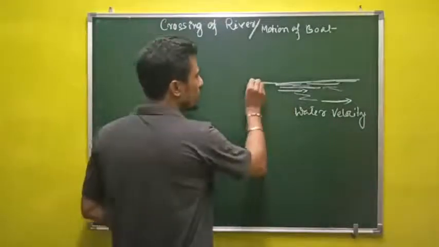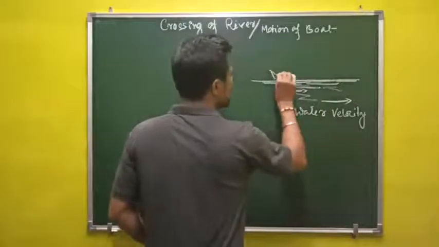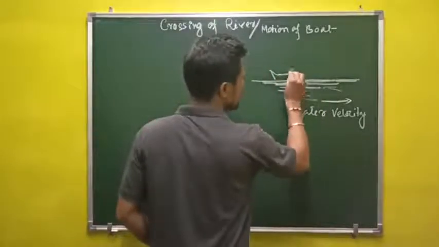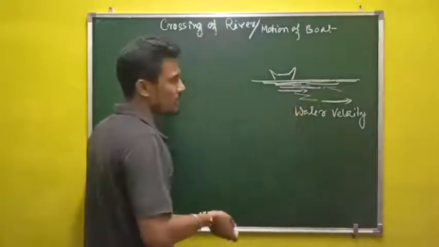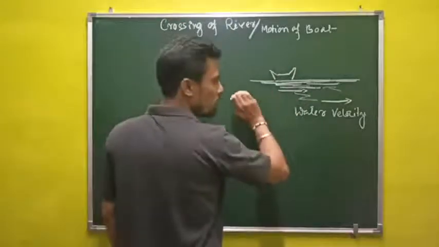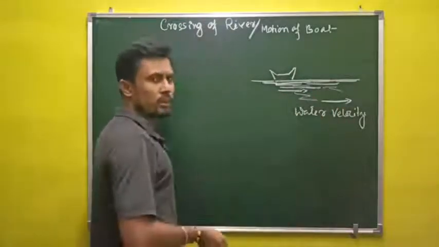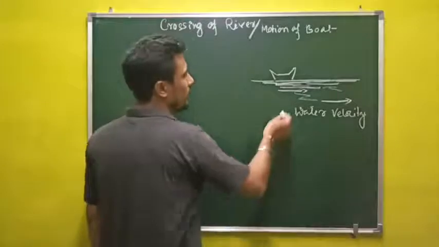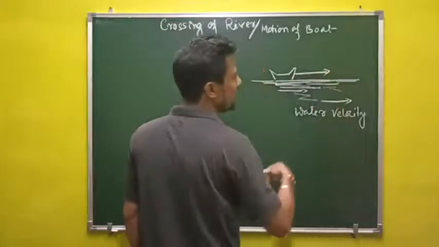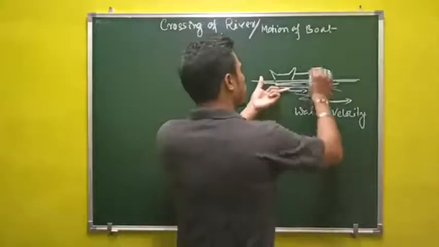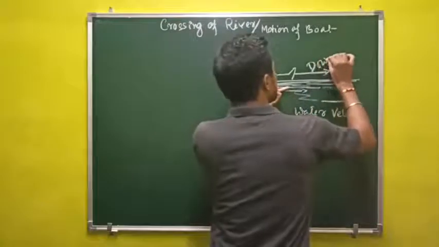Suppose there is a boat in the river. If this boat is moving along the velocity of the water of the river, along this direction, then that motion is called downstream motion.